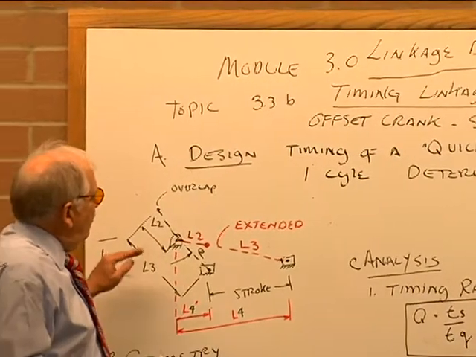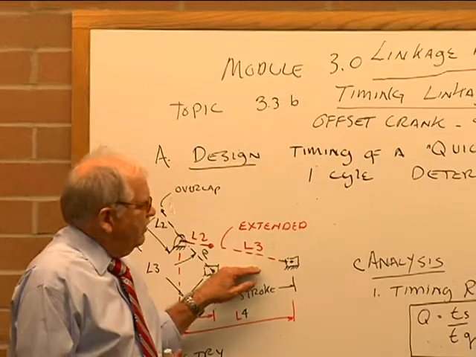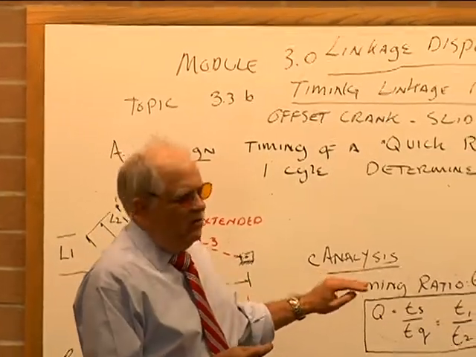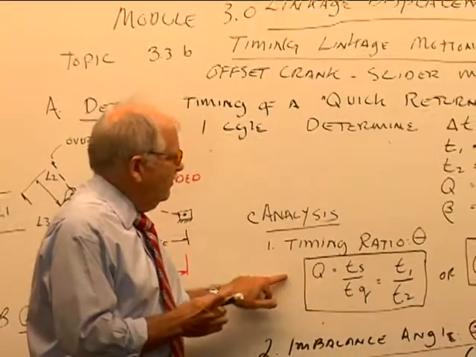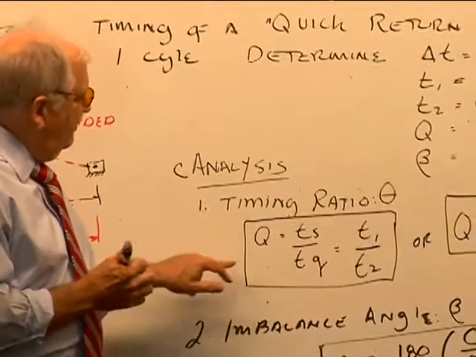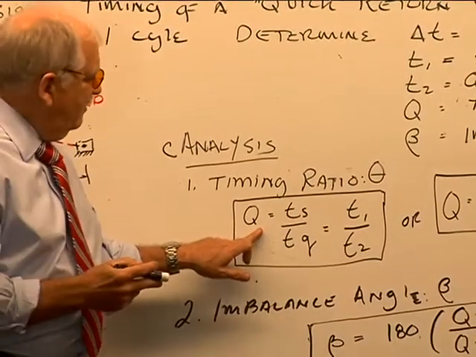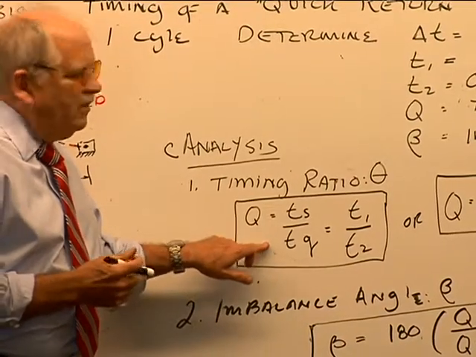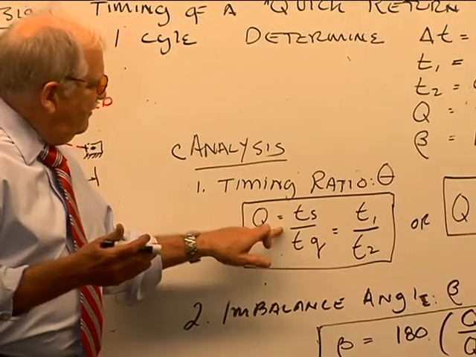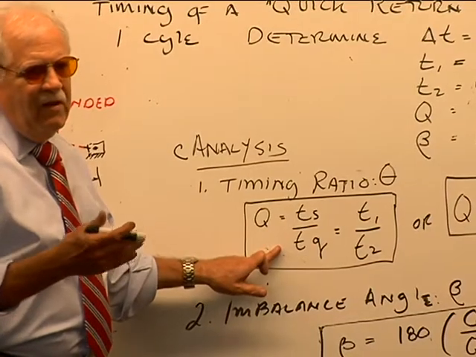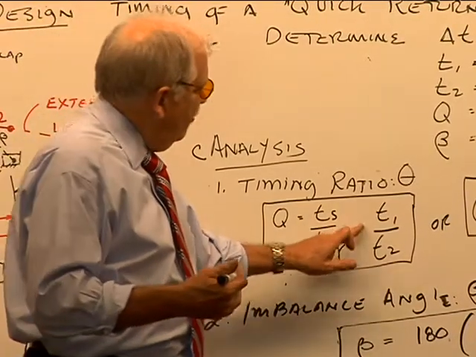Now, what we wanted to accomplish are a couple of things. First, to discover what Q is. And Q, as I said, is a ratio between the two timing cycles, the slow and the quick. The textbook lists them as S and Q, and then they also list them as 1 and 2.